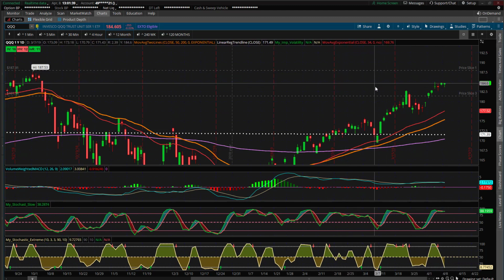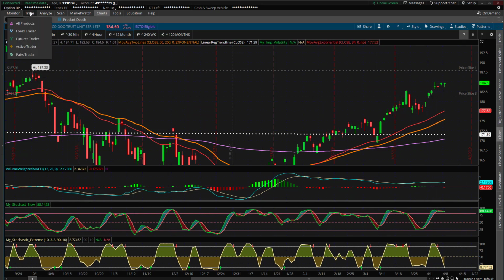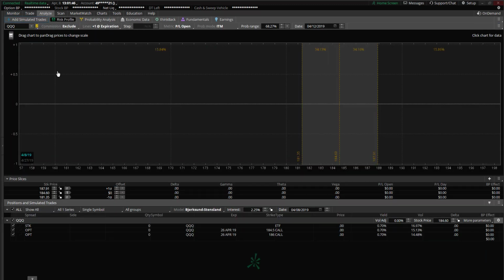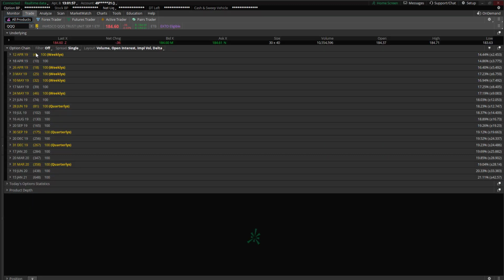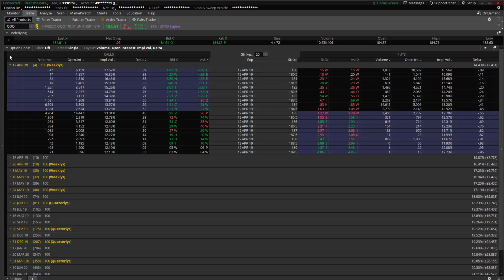Okay, so this is one way that we can look at our expected move. We got that expected move by looking at it right here, and we just applied those lines out to the chart. That same expected move is also right here.